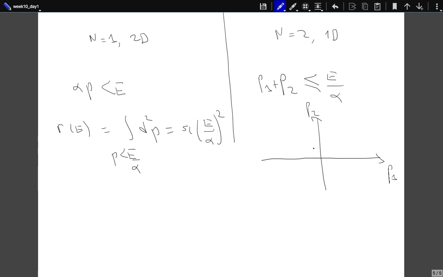This surface, this volume is actually this volume. So this point is E over alpha, minus E over alpha, minus E over alpha.